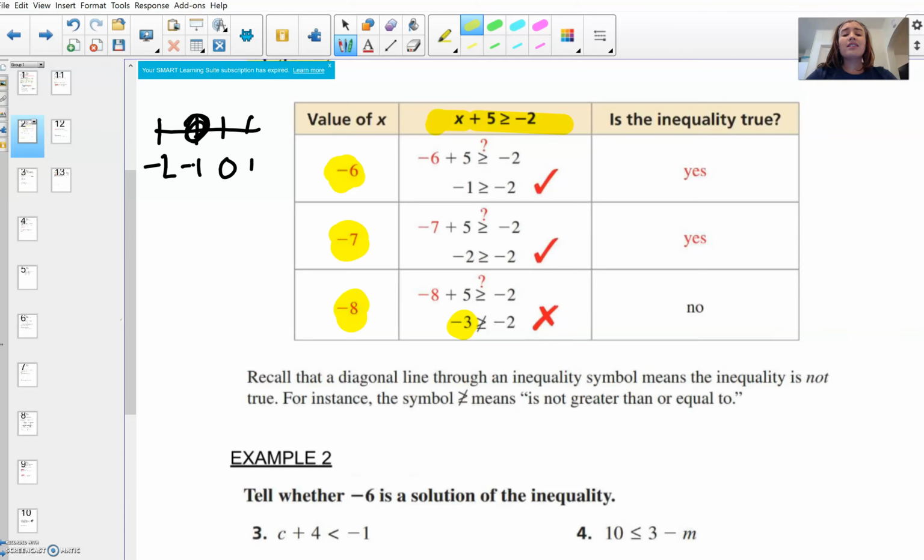Okay, is negative 3 greater than or equal to negative 2? It is not. So what happens here is negative 3 is farther down the negative side of the number line. So we know that that is a smaller value. And what we need is a greater or equal to value. So this is not a solution, and it will not be a part of the solution set.